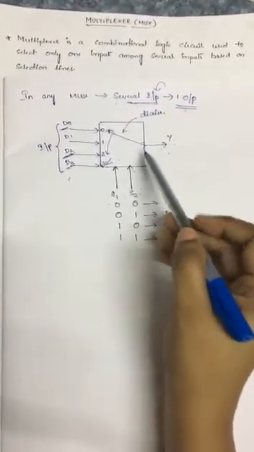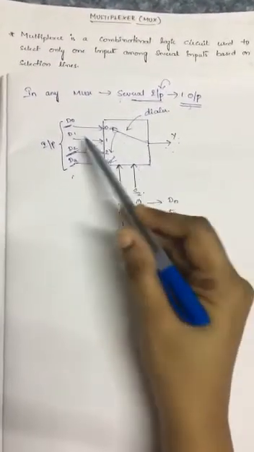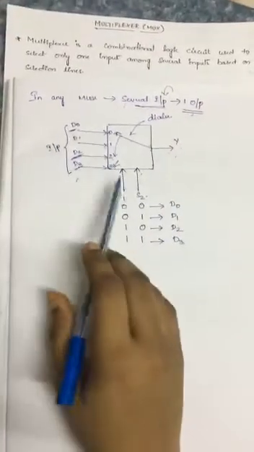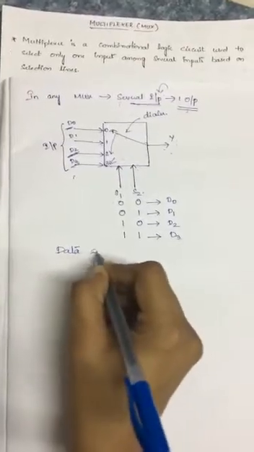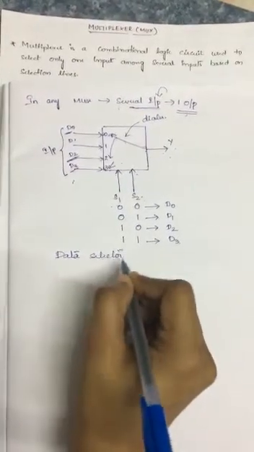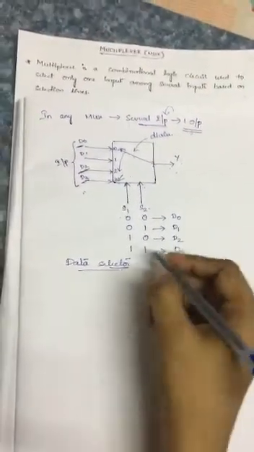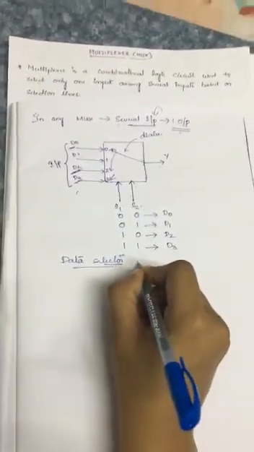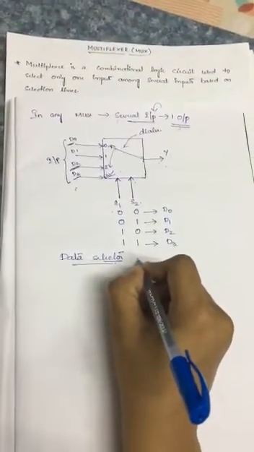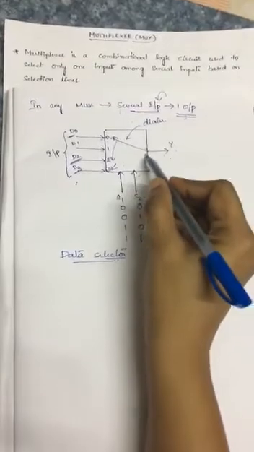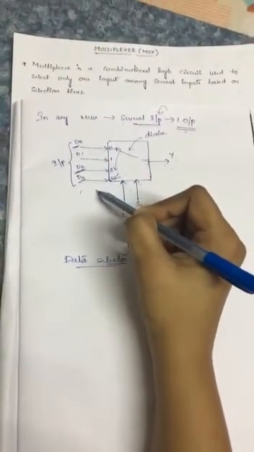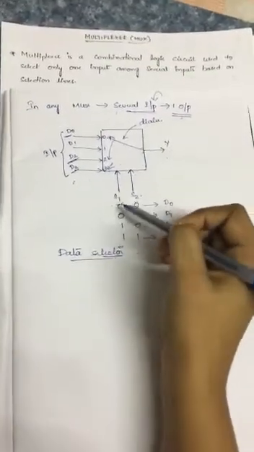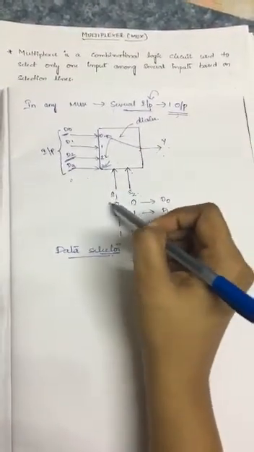As it is going to select the data from your inputs, you can call your multiplexer a data selector. Why we are calling it a data selector means the output is selected from your different input sources by using your selection lines.